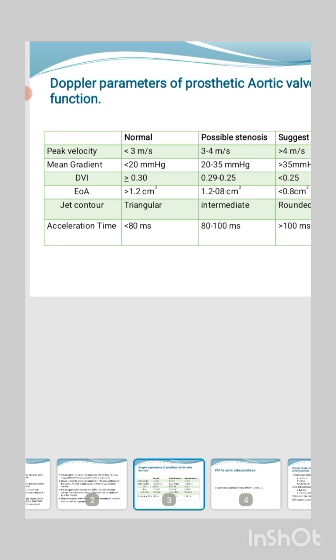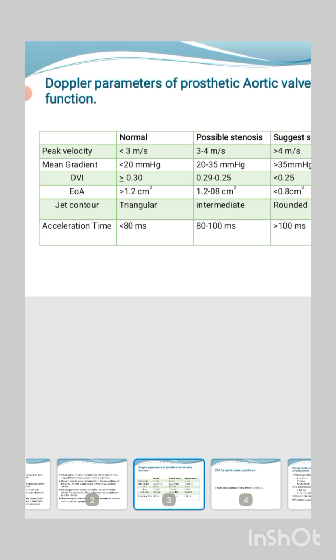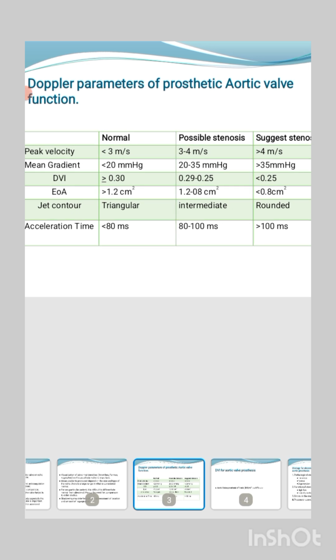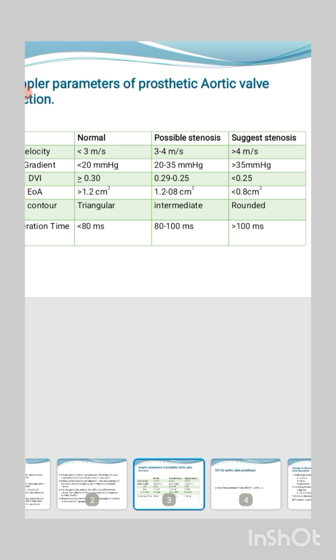is suggestive of stenosis. Another parameter is DVI, Doppler velocity index. Greater than or equal to 0.30 is normal. If it is below 0.30, there will be possible stenosis. 0.29 to 0.25 is possible stenosis.